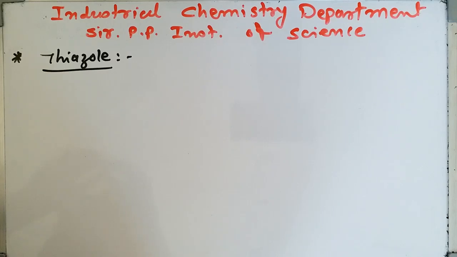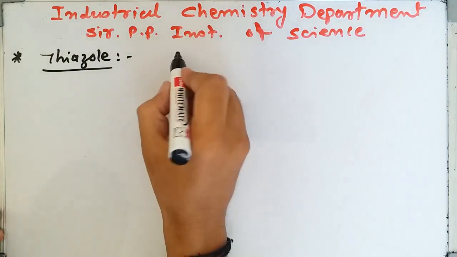We discussed thiophene in the previous lecture, which has only one sulfur atom as heteroatom, but here two heteroatoms, sulfur and nitrogen, are both present. Then it is known as thiazole, and two types are known according to the position of the second heteroatom, nitrogen.